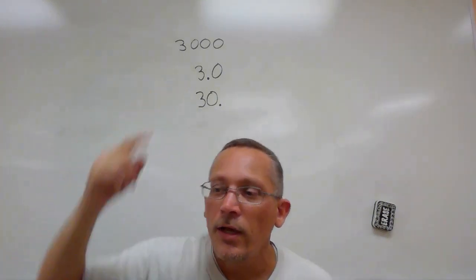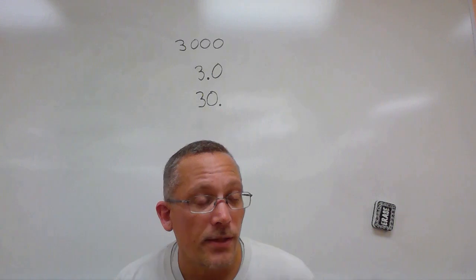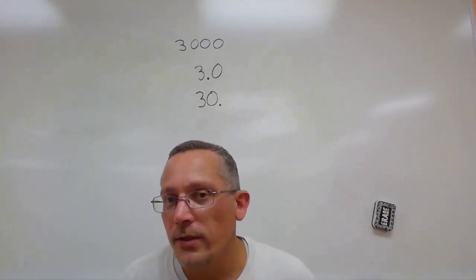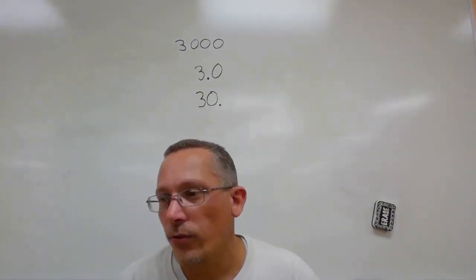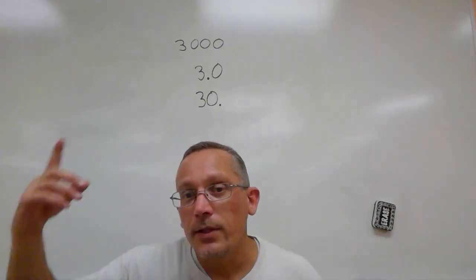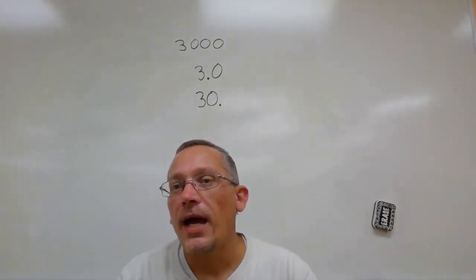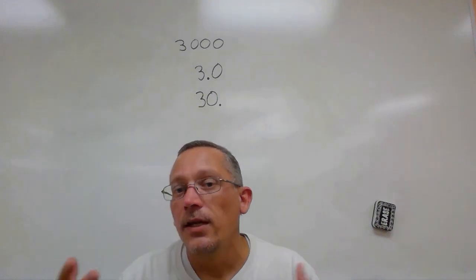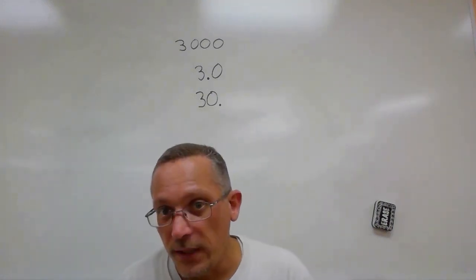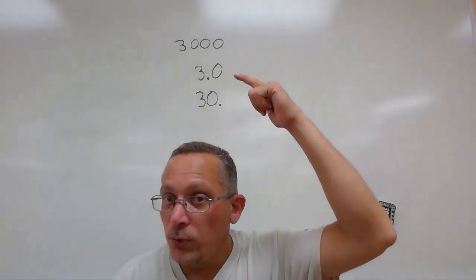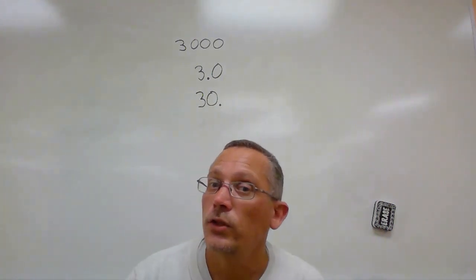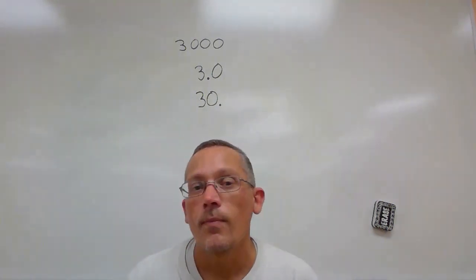Very often you're going to see written 3.0. And sometimes people say, why do you write the 0.0? Isn't that the same thing as just 3? Well, no, it's not, because 3.0 is more accurate. It's more precise than just 3, right? It's got 2 significant digits rather than just 1 significant digit.